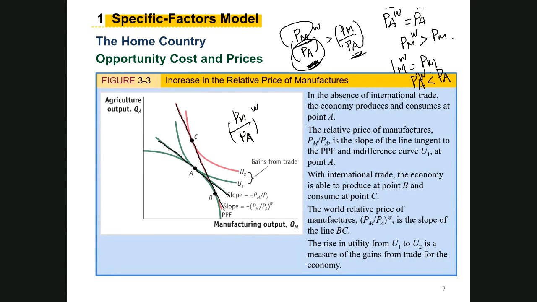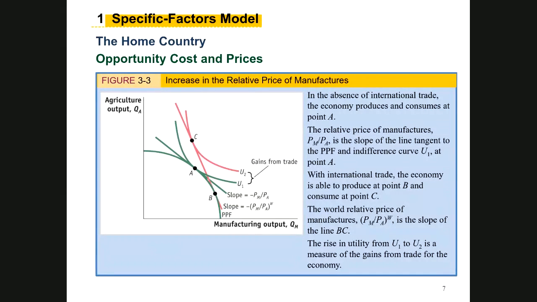Okay, so once again, in the two-country model, one country is going to export and one country is going to import. But now we are looking at this different trade triangle. This is my consumption point. This is my production point after the trade.